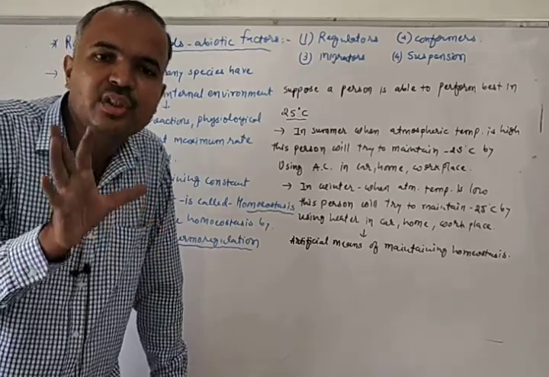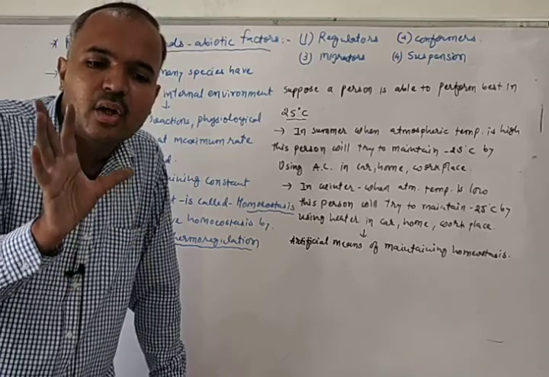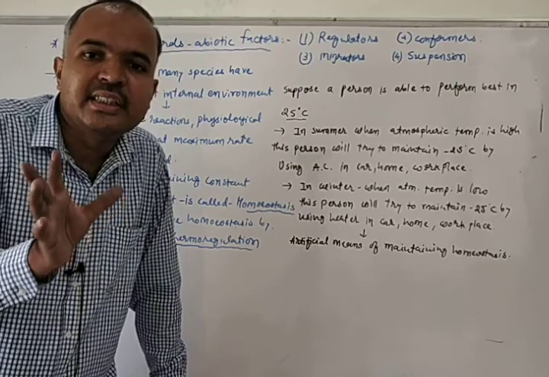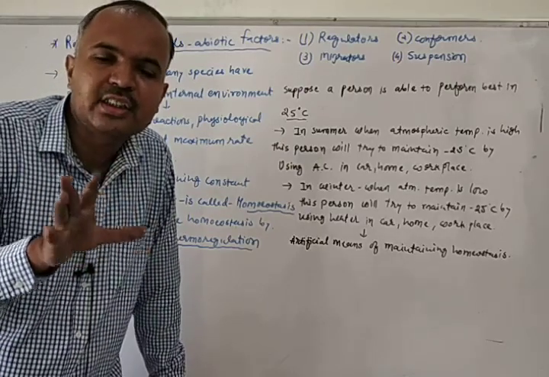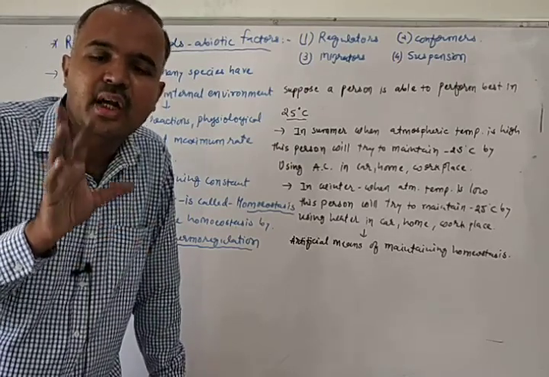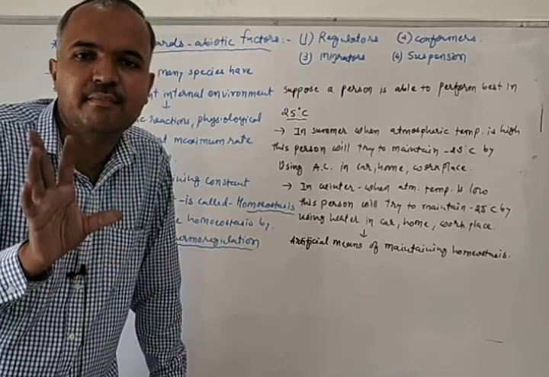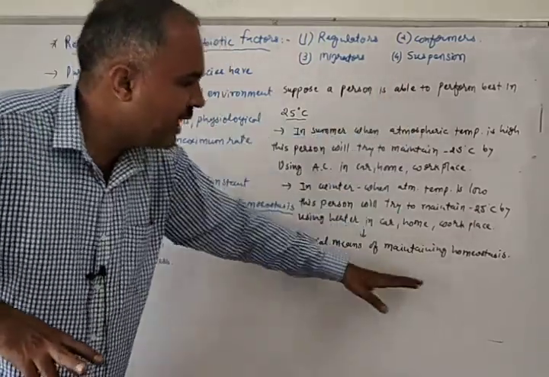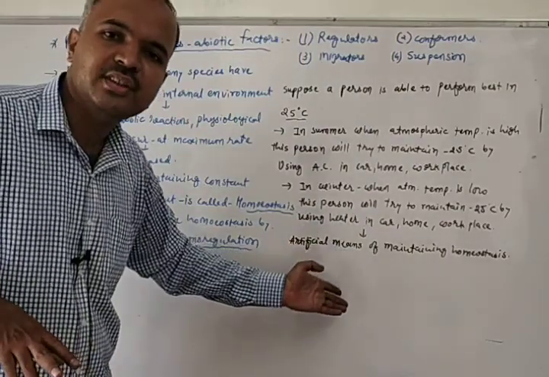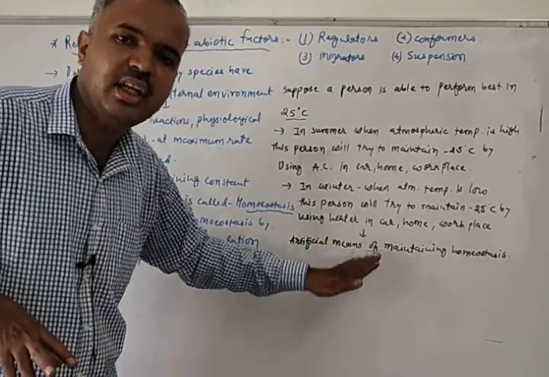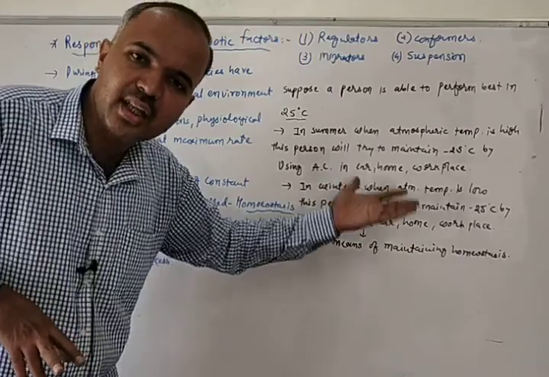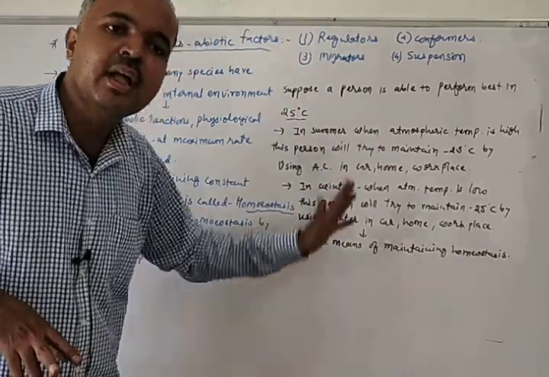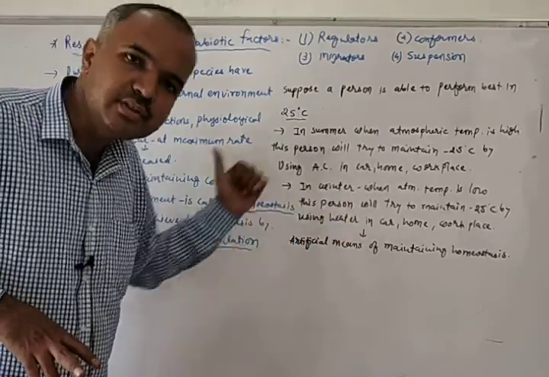But anyhow he will try to maintain a constant environment, which allows the physiological and metabolic reactions to occur at maximum rate, which increases the fitness of the organism. So this is an analogy regarding homeostasis. Here homeostasis is maintained by using a heater and AC, which are artificial means, and if artificial means are not available to the organism, it will try to use physiological means.